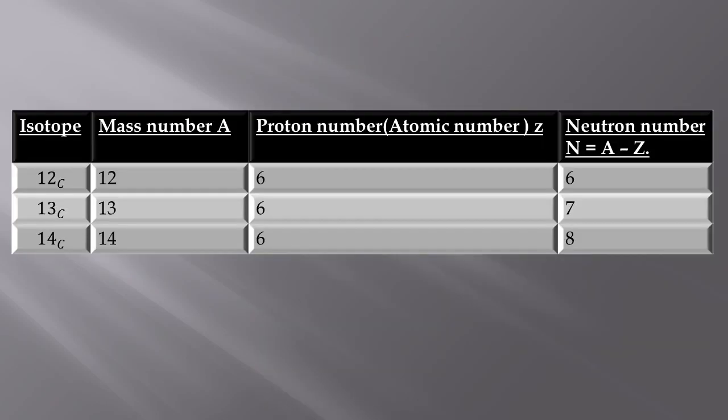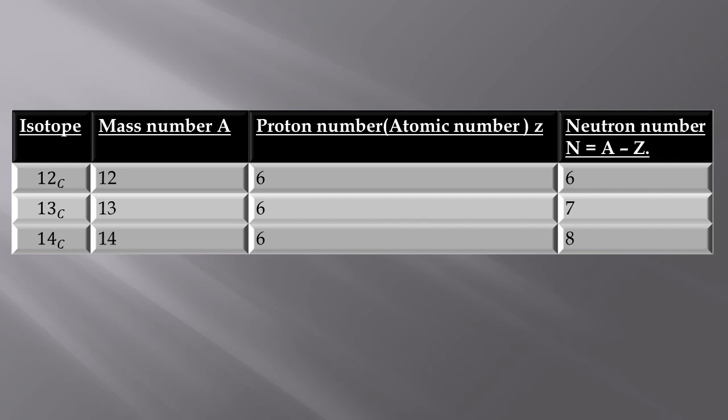Now students, another table is given here in your textbook. By this table, see, the isotopes have the same proton number but different neutron number. Here the isotopes of carbon are given, which we have seen in our previous slide: carbon 12, carbon 13 and carbon 14.